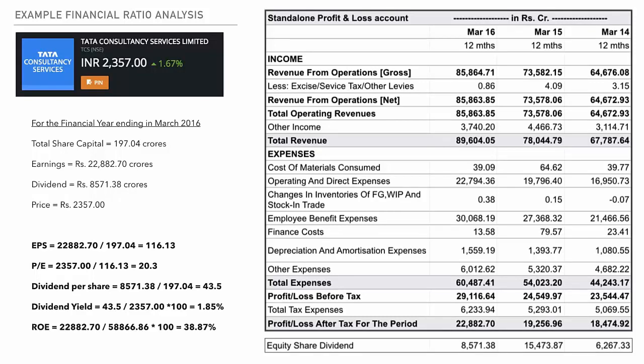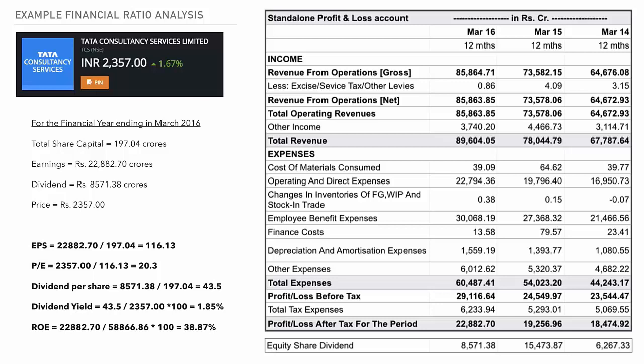This adds up to 58,866 crores. That is the total shareholders' funds in the company. So the return on equity is actually the total earnings the company makes or returns per equity of shareholders' funds invested. In this case, per 100 rupees of shareholders' funds invested, because it's a percentage.